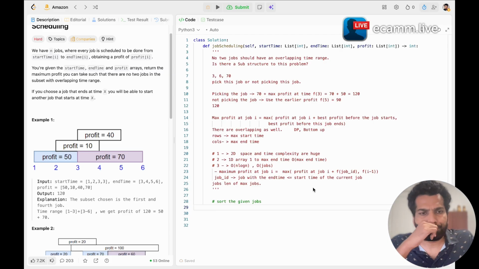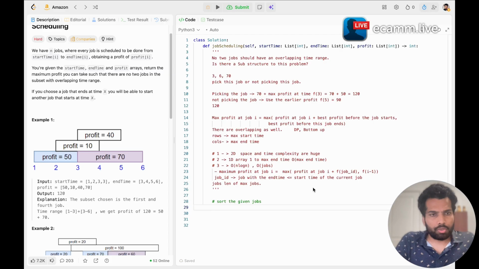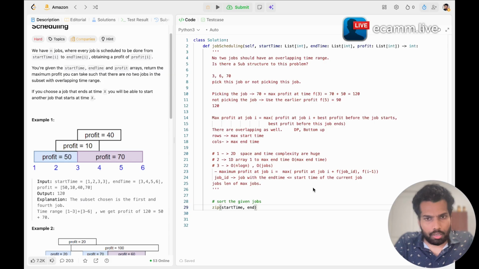So let's try to zip start time, end time, profit. Just trying to zip and making a single object.